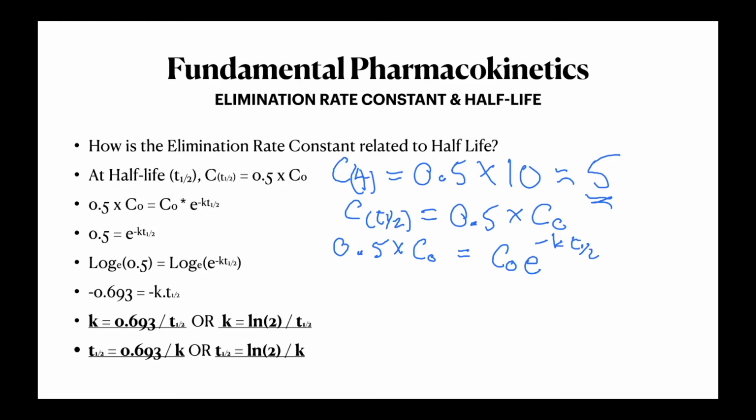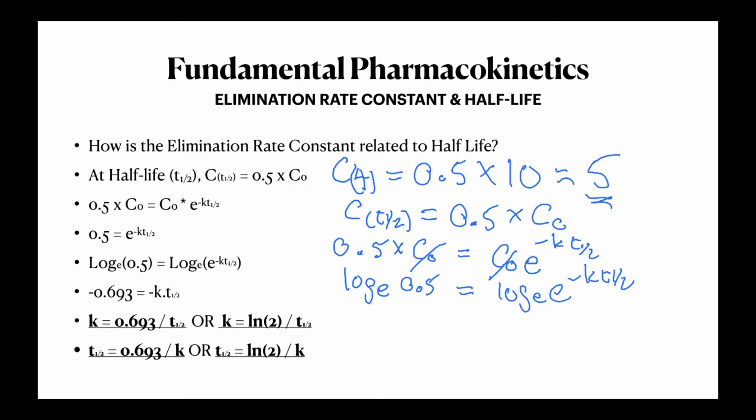The initial concentrations will cancel out, and what you're left with is these two numbers here. And what we're going to do is take the log of both of them with respect to Euler's constant. So log e 0.5 equals log e of e to the minus k t half.